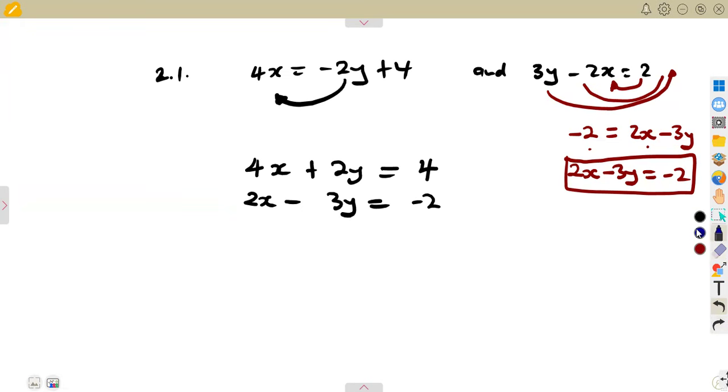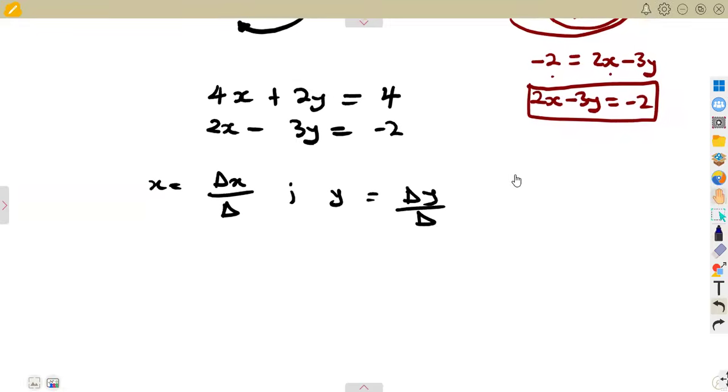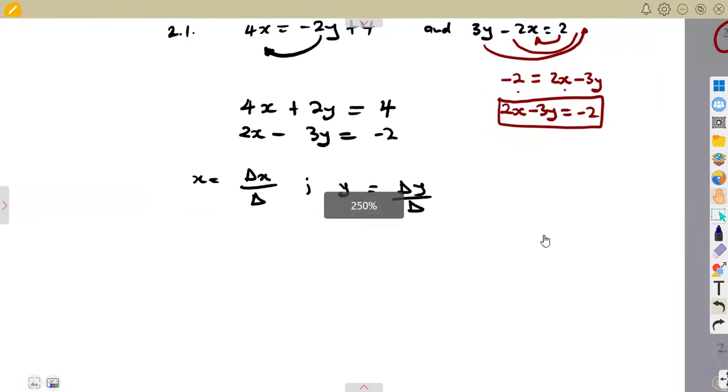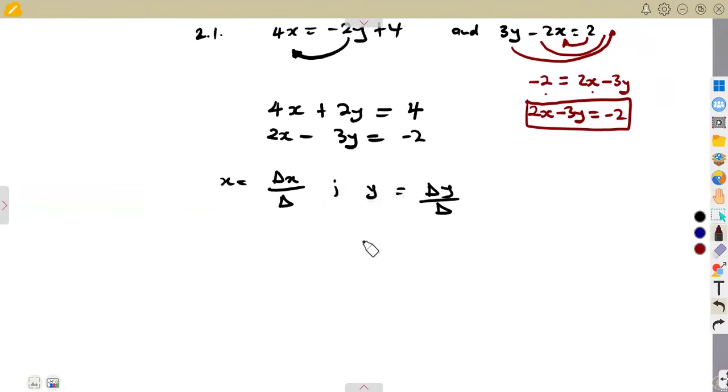All right, so remember your Cramer's rule that x is supposed to be the determinant with respect to x over the determinant of constants. On the other hand, y is the determinant of y over the determinant of the constants. So that means we need to determine these corresponding determinants. The determinant with respect to x, remember the concept, close the part of x.